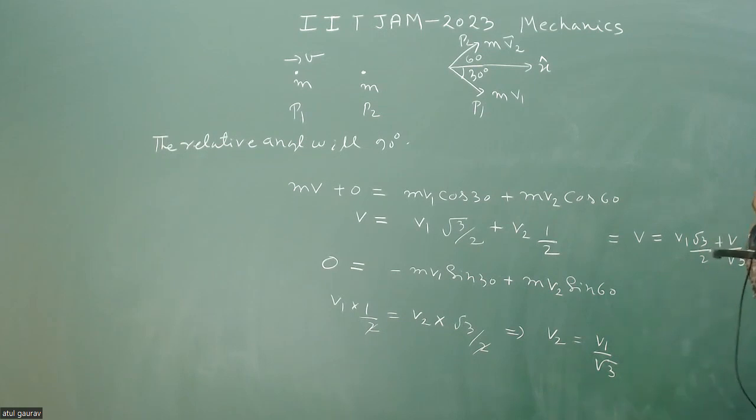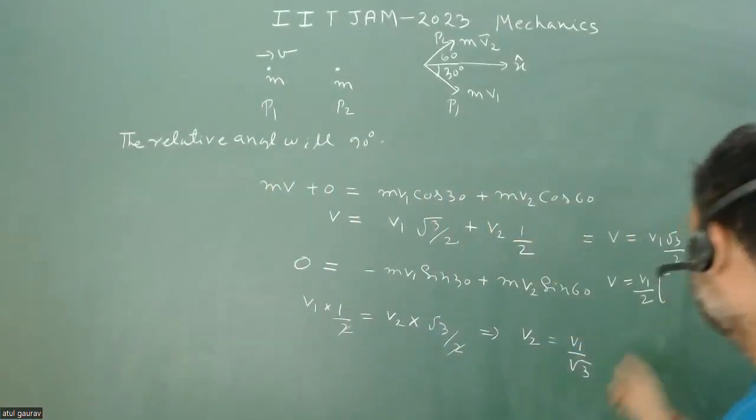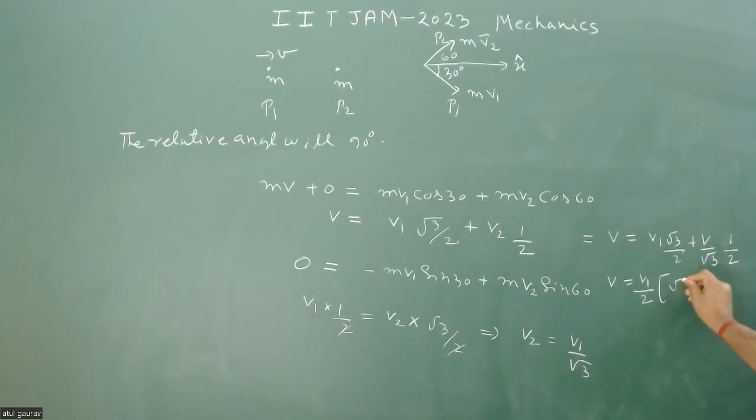So v equals v1 by 2 common, times root 3 plus 1 by root 3, which gives v1 times 4 by 2 root 3.